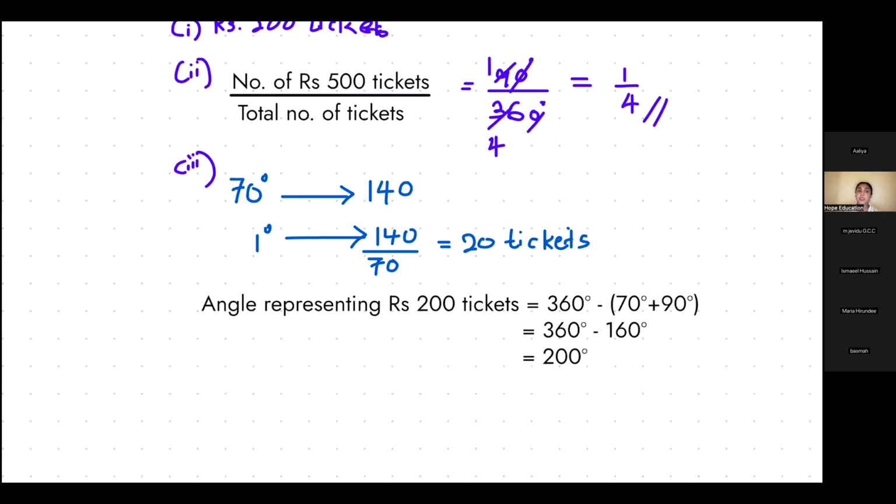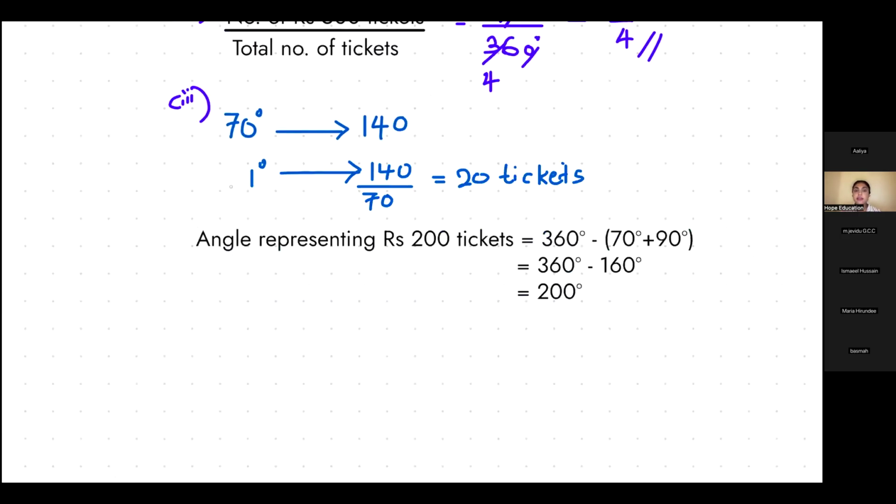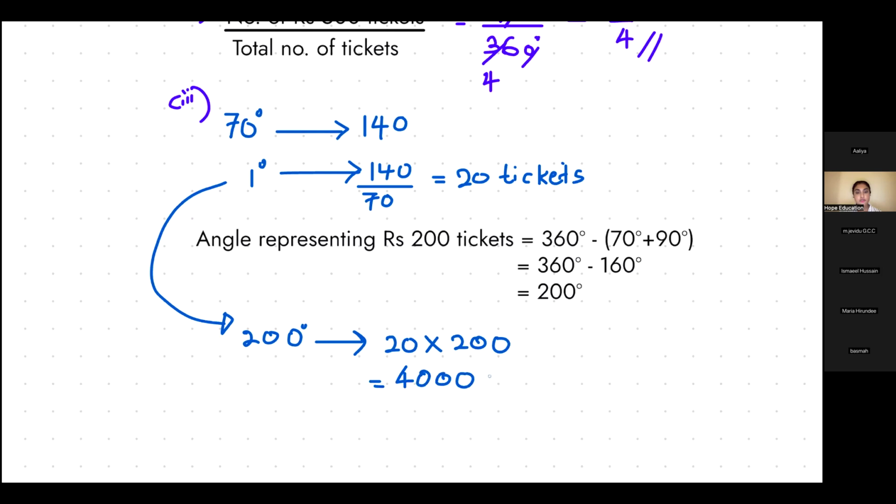Now you already know that 1 degree represents 20 tickets, right? If 1 degree represents 20 tickets, 200 degrees represents 20 times 200. You have to multiply 20 by 200. Then you get 2 times 2, 4. So we get 4,000 tickets.